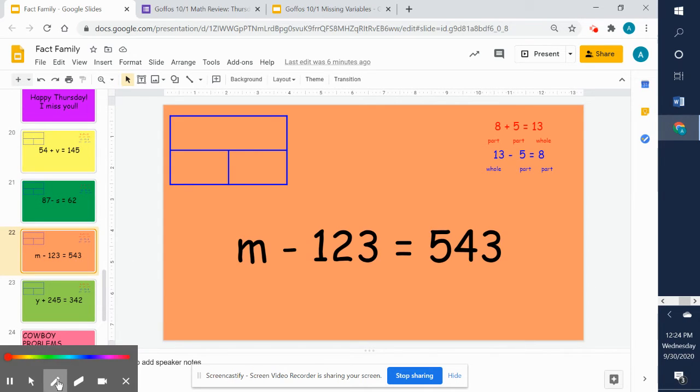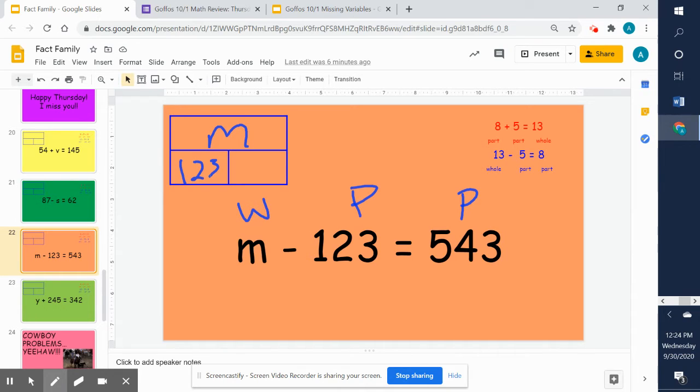All right, then we have m minus 123 equals 543. So we have our subtraction problem, with our whole and then our part and our part. We're going to write them in our boxes. We have our m in our whole box, and then 123 and 543. And again, when you know your two parts and you're finding your whole, you are adding them together.